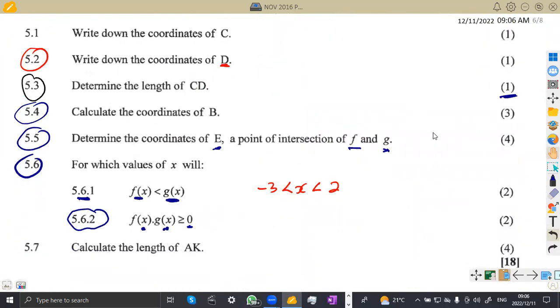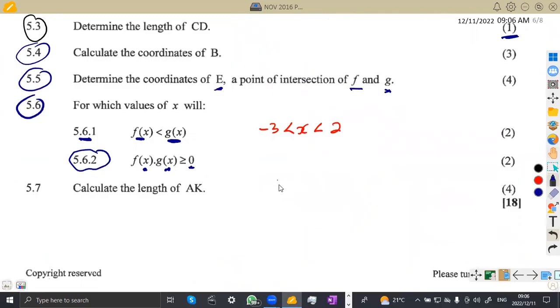Remember, f of x was x squared minus 4, times g of x, which is minus x plus 2. So they are saying it's greater than or equal to 0. So you are going to see that it's just finding the critical values of x squared minus 4 and the critical values of minus x plus 2 because we are equating to 0.